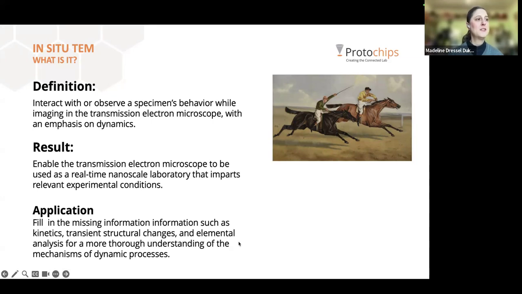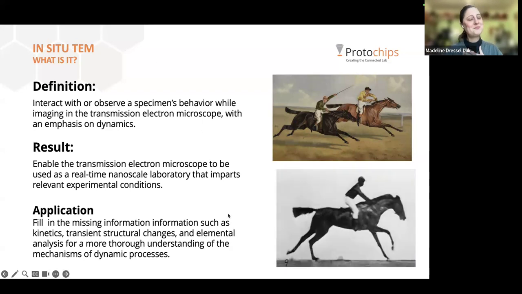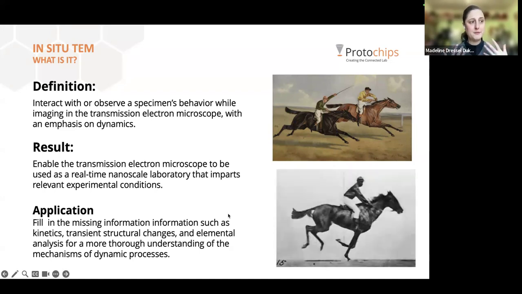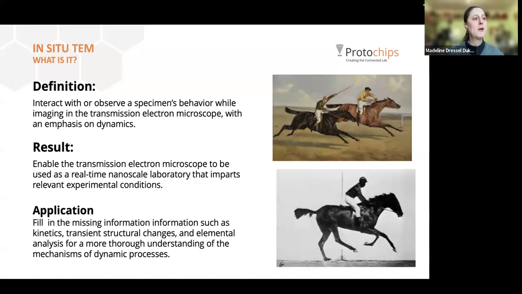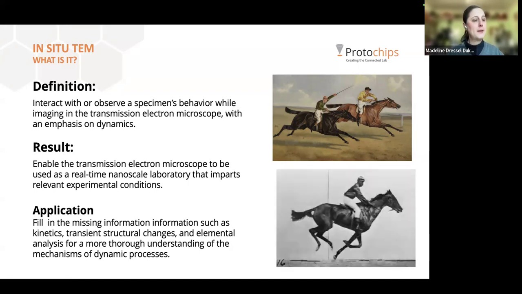I always like to use this example of horses before cameras and photography were developed. If you look at paintings from before photography, the horses all have their legs stretched out when they're running, with all four feet off the ground. But with the development of video and photography, people were able to watch that process, slow it down, and see what was happening.